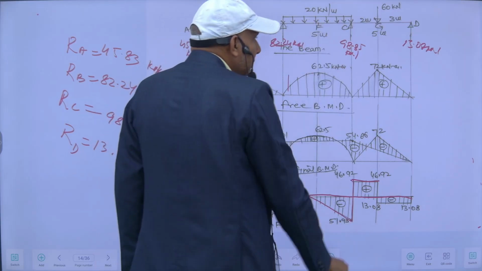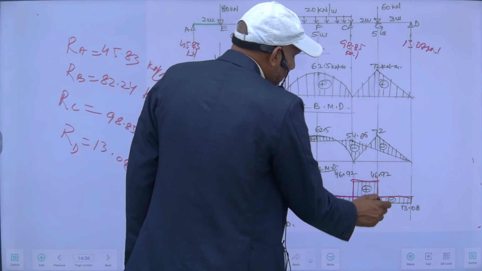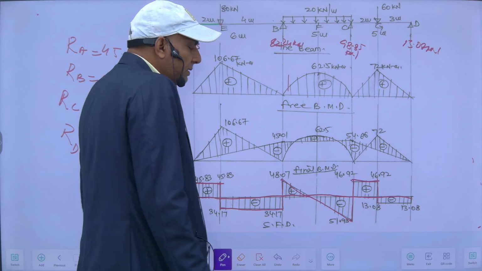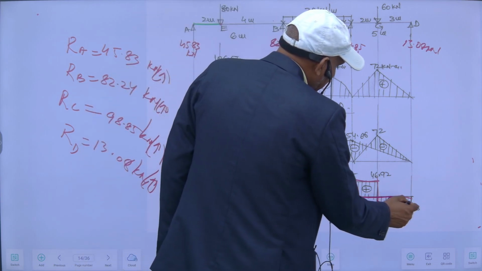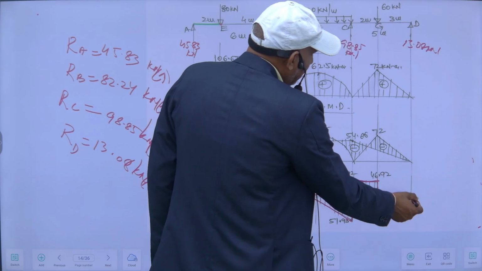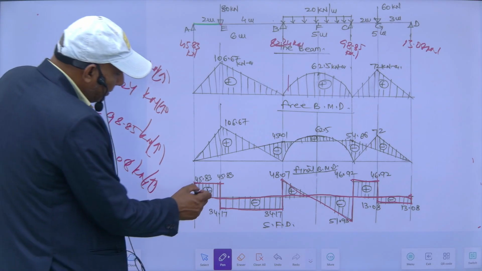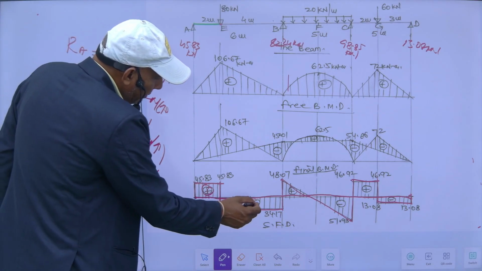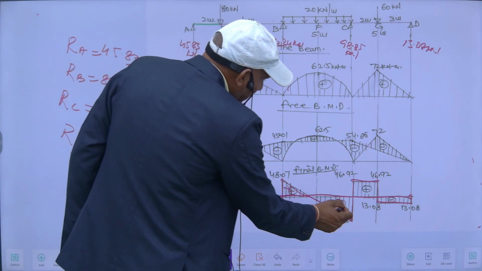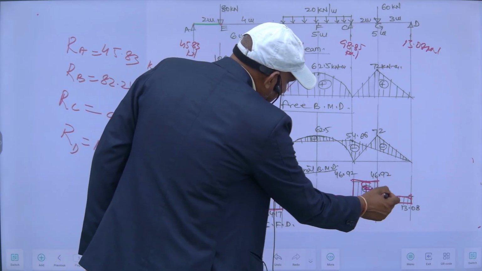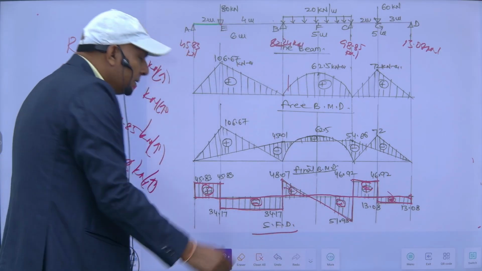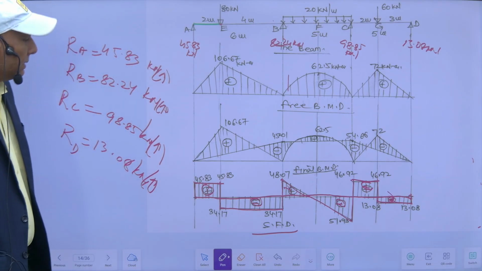Then again minus 60, I will get minus 13.08. So that will be constant, and then again upward 13.08. This is plus, minus, plus, minus, plus, and this one minus. So this is my shear force diagram.